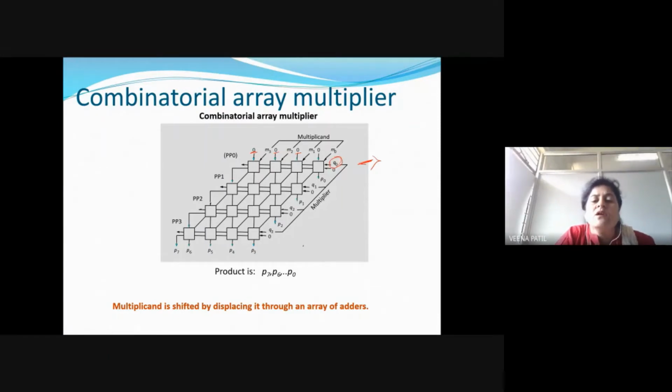So 4 into 4, totally I need 16 such cells. So at the end of this, I am going to get the product, that is from P0 to P7. So we take these bits like this. Okay.